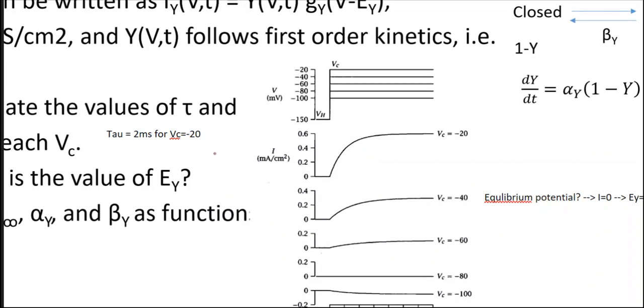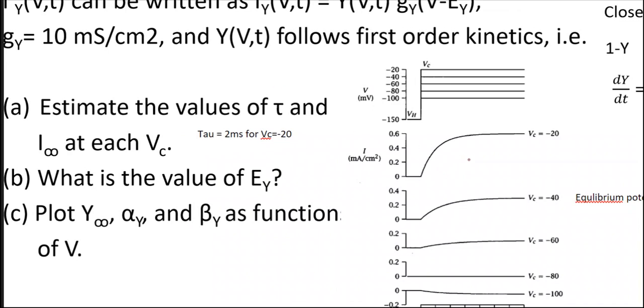So for the time constant, it's always the time at which the current value reaches 63% of the steady state value. Here we see 0.6 is the steady state value. So 63%, which is about 2/3, is like 0.4, right?